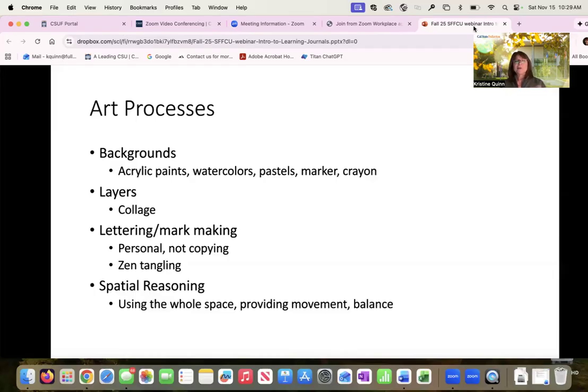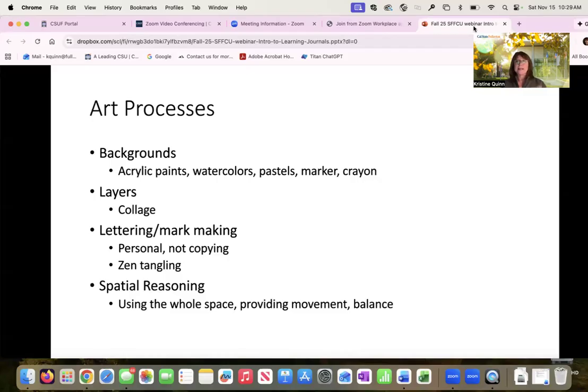And I want students getting used to using their own writing as mark making. We also know that this is a great place to practice our cursive writing, as cursive writing has made its way back into the curriculum. So it's personal. It's not about copying. It's about making unique marks that are individual to each person.